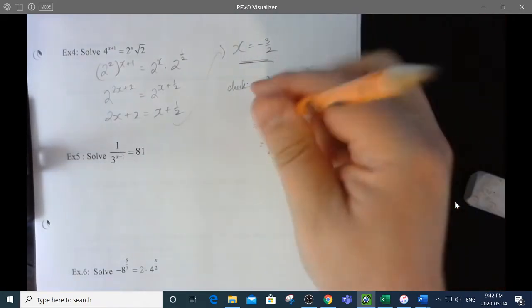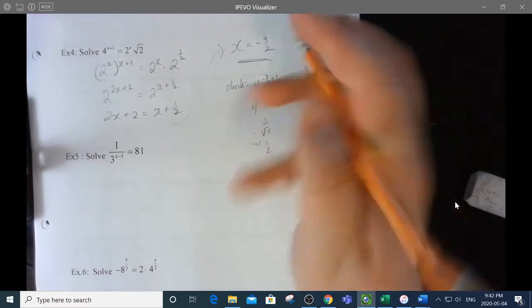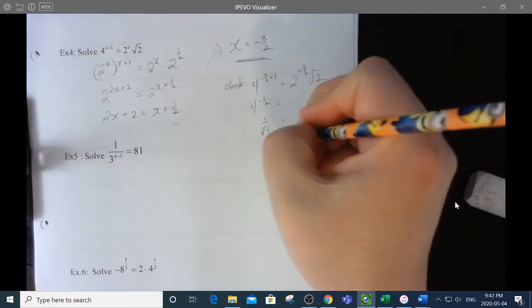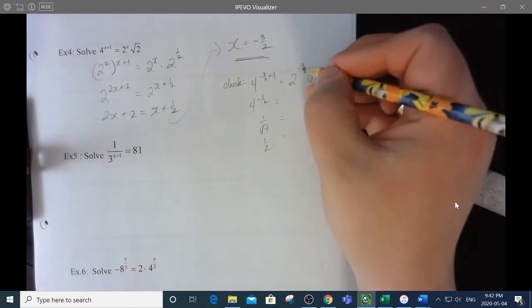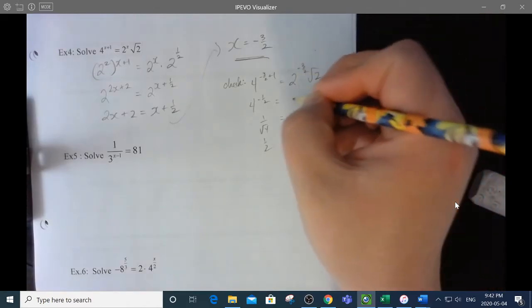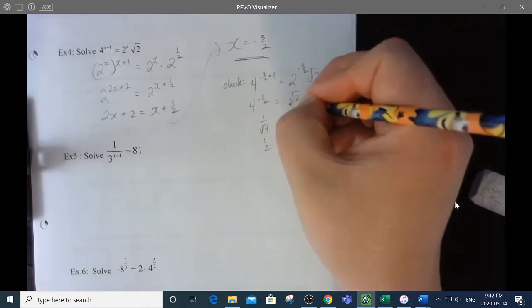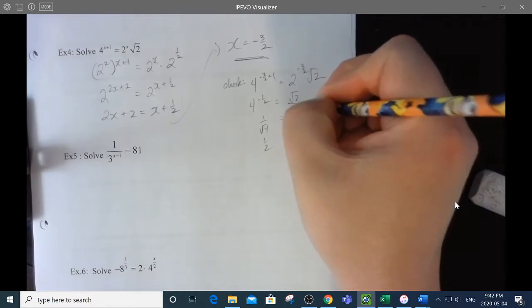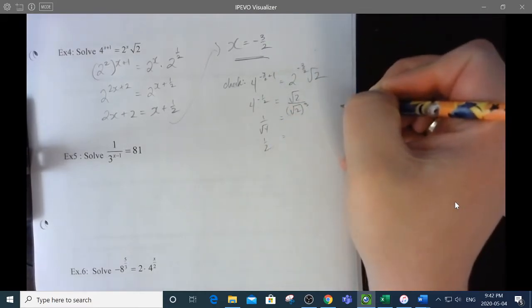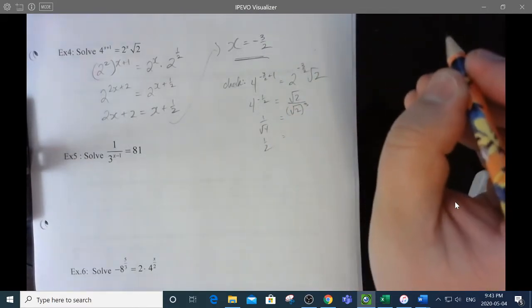Can I turn this side into a half? Maybe. Well, let's see. This is root 2, that's this root 2 here, over, I'm going to take that and make it the square root of 2 cubed. I'm onto something here.